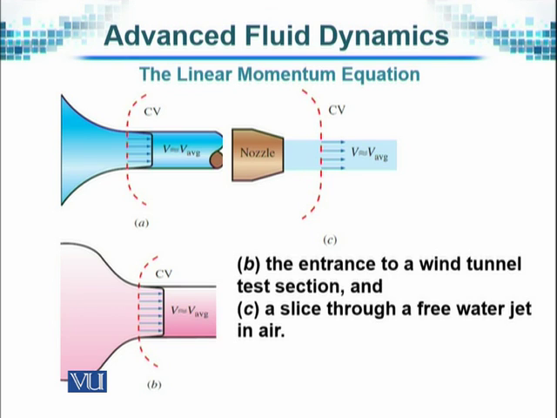So this is a wind tunnel where they test it, and this is a free jet of air in a nozzle. You can see that the nozzle outlet area is reduced compared to the entrance. The velocity will change and pressure terms will change, but we need to consider them according to the situation.